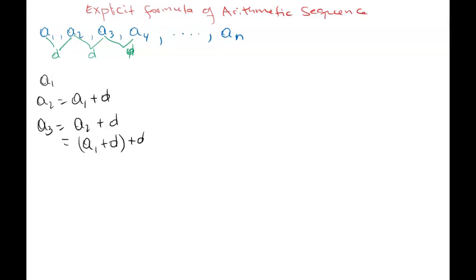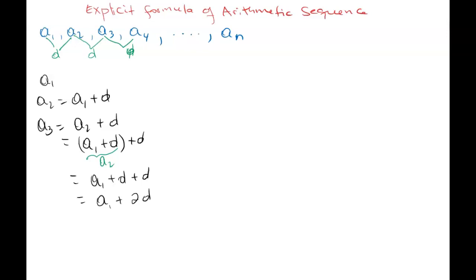Now, we have to get rid of the parentheses. So remember, this expression right here is our second term. If we get rid of the parentheses, we end up with a sub 1 plus D plus D, which is a sub 1 plus 2D.